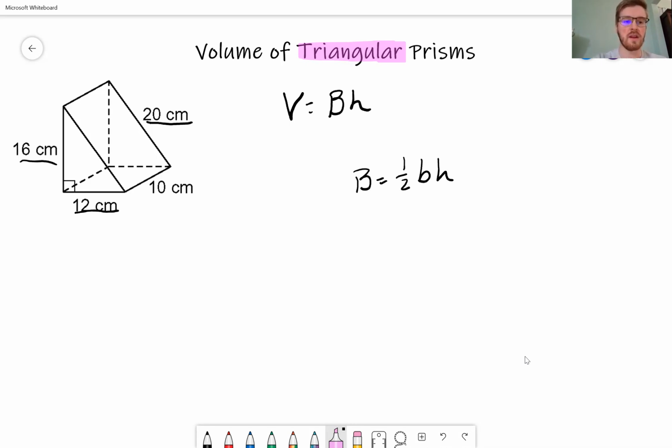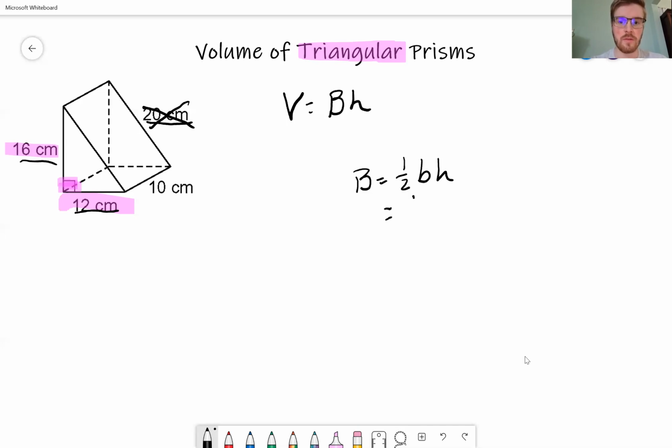That will always connect the base to the height. So right there is that right angle symbol. That tells me I'm going to use this 12 centimeters and 16 centimeters. That 20 centimeters isn't going to be used. That's a different measurement on the triangle that we don't need for our formula. So if you see that, you can get rid of that measurement right away.